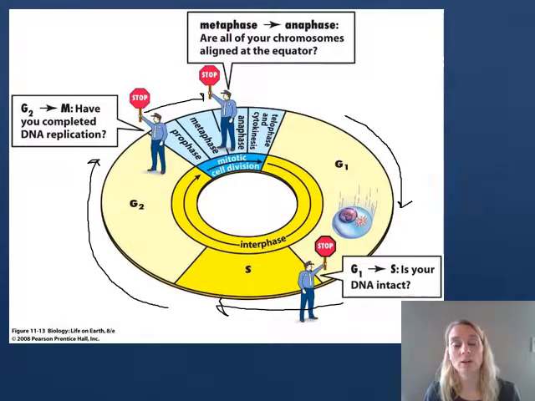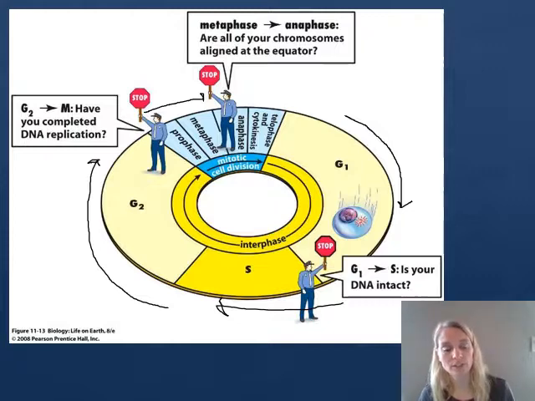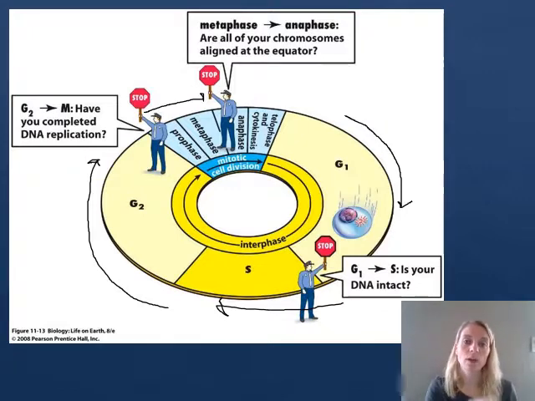And so there could be mutations in your DNA or problems with your cell, but the checkpoint proteins aren't working and the cell continues to go through replication normally when it would not have. And so that's kind of the key basis for cancerous cells, is they've lost their ability to regulate their cell cycle. So that's an important connection to what a lot of you may have personal connections with in your lives or people that you know.